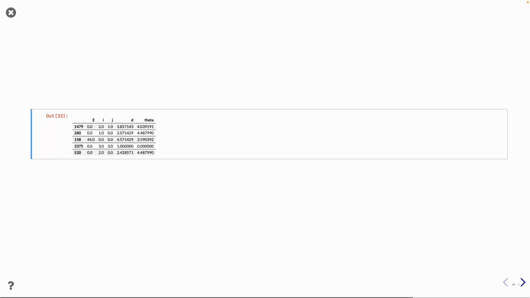But let's try. I created a table of different values. We have the position, we have the gray levels. In this case, I'm only going to look at 4 gray levels because I want to reduce the complexity. And we have some distances and we have orientations.